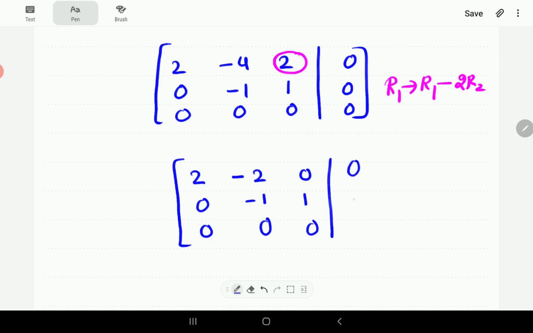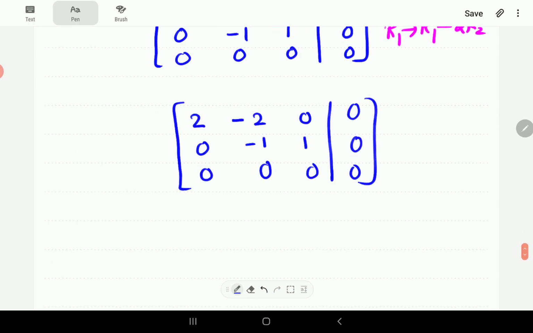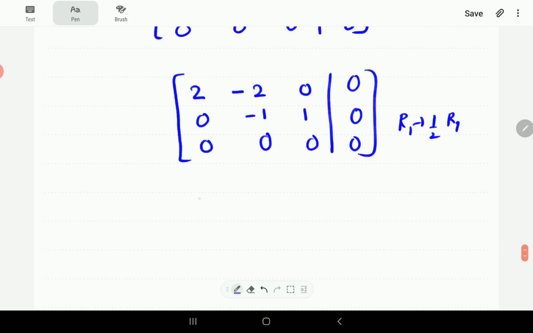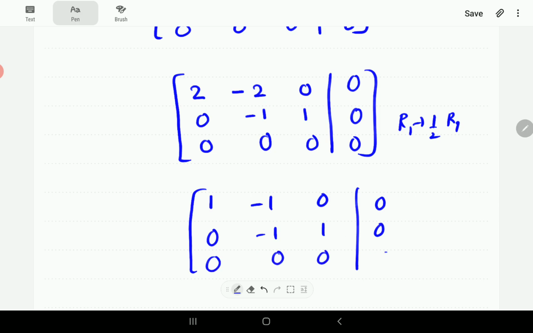It doesn't make much change, but from R1, I'll just take 1 by 2 out. We will get 1, negative 1, 0, 0; 0, negative 1, 1, 0; 0, 0, 0, 0.